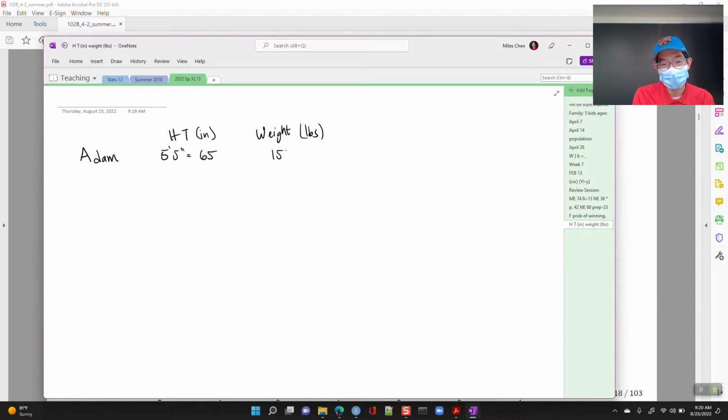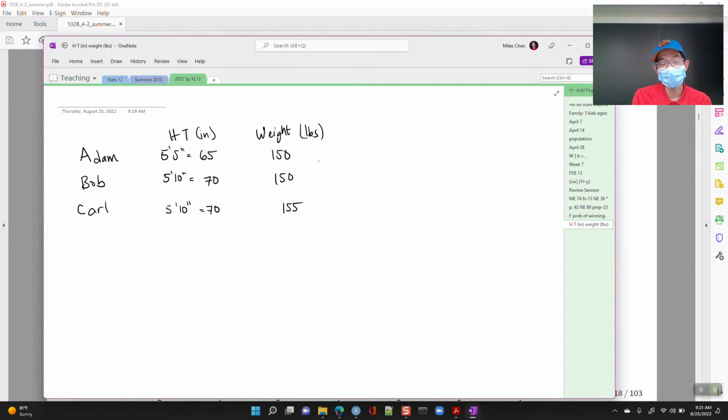Weight is 150 pounds. We'll have Bob, who is 5'10". Let's keep everything 5 apart. So this is 70 inches and weighs 150 pounds. And then Carl, C. This person we'll say is 5'10", so 70 inches, and weighs 155 pounds, okay?